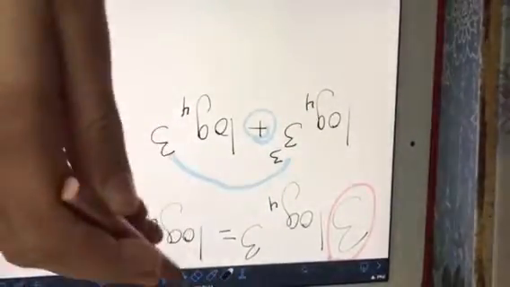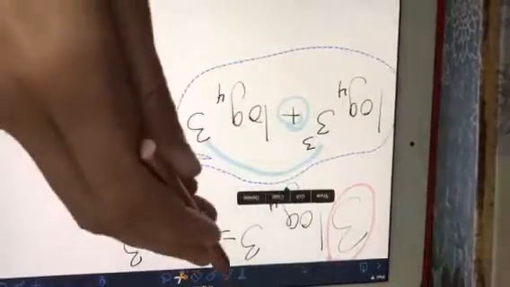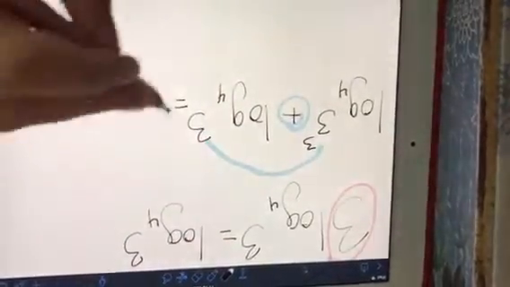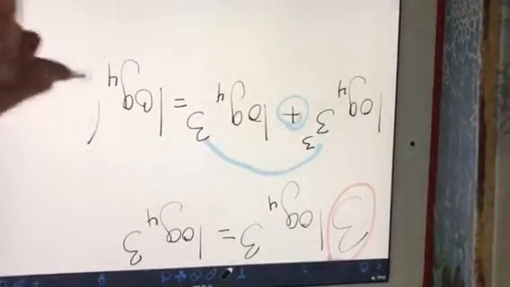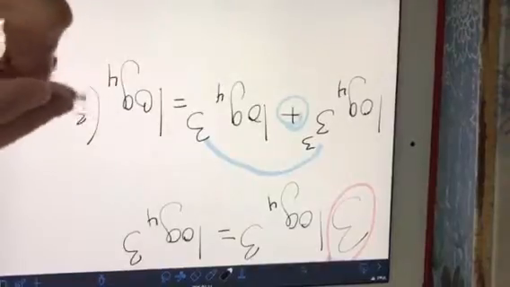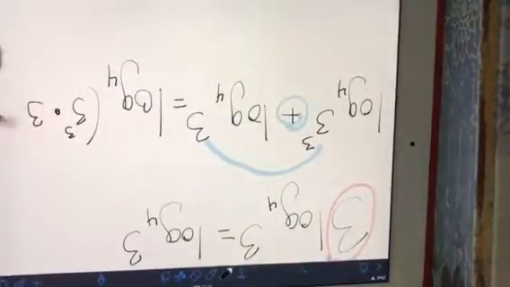And so what that ends up looking like is you still have log base 4, but now it's of 3 to the third times 3.